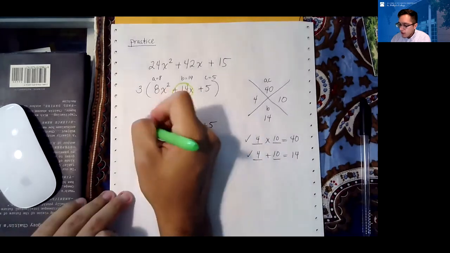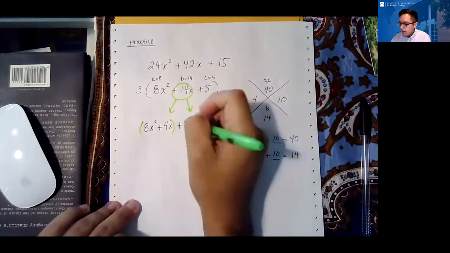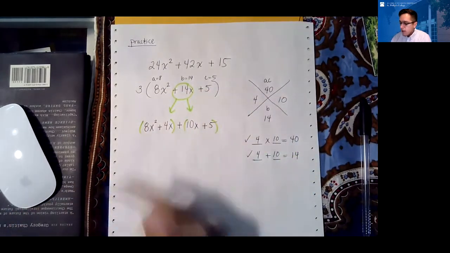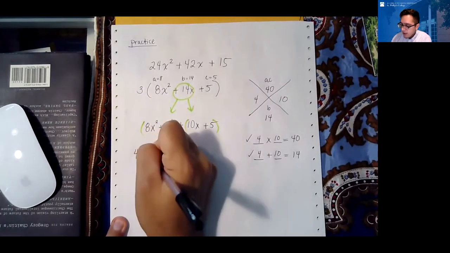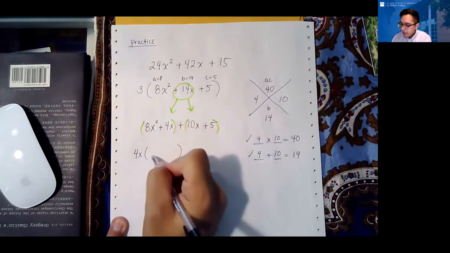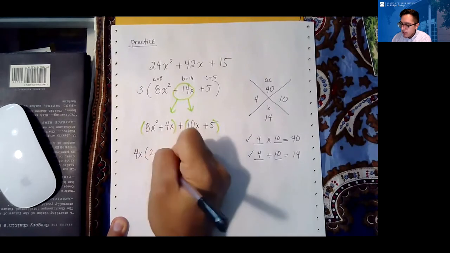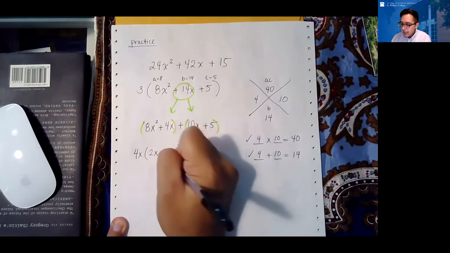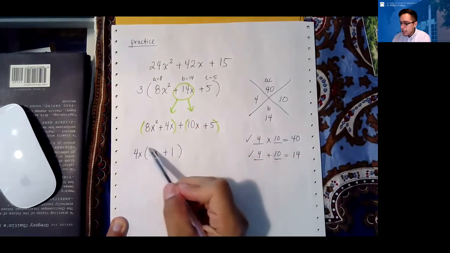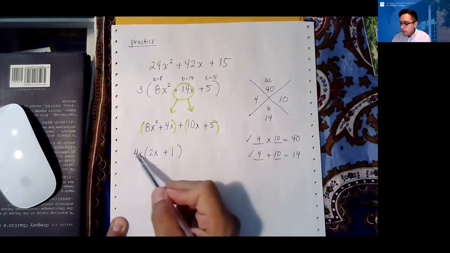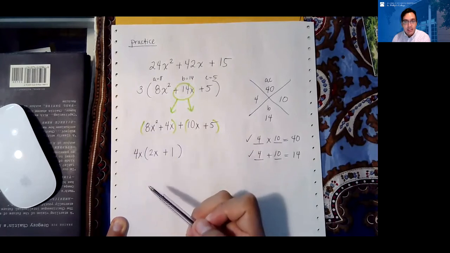For the first two terms, it looks like they have a 4x in common. And I need to multiply that out to get the original term. So I need a 2x here, and I need a plus 1 there. Again, that multiplies out to give me the 8x squared and the 4x back.